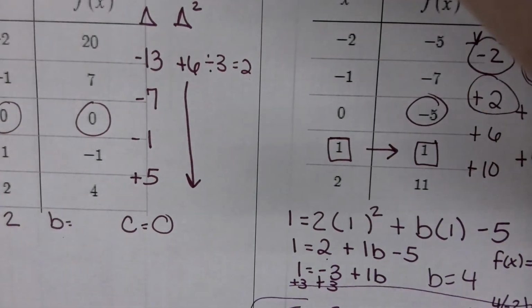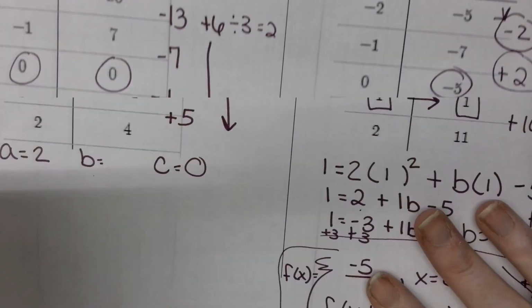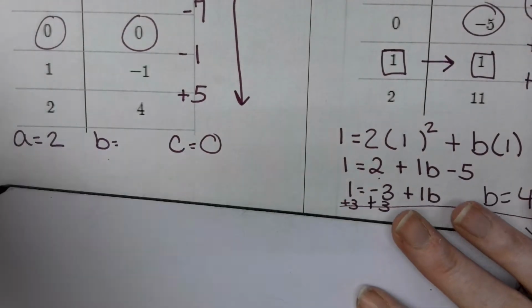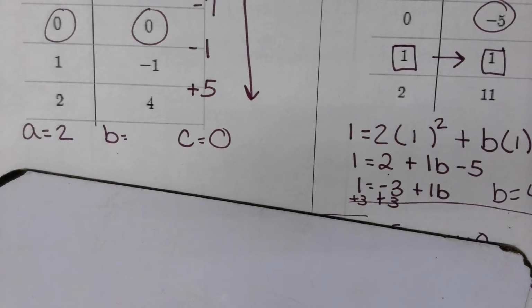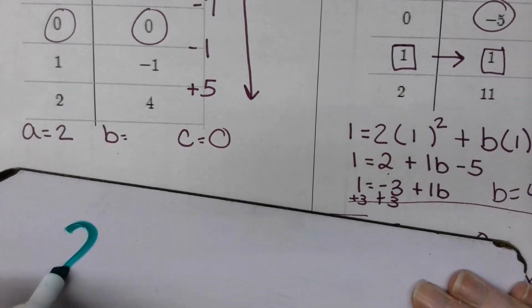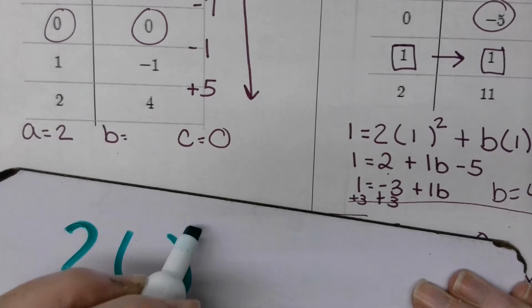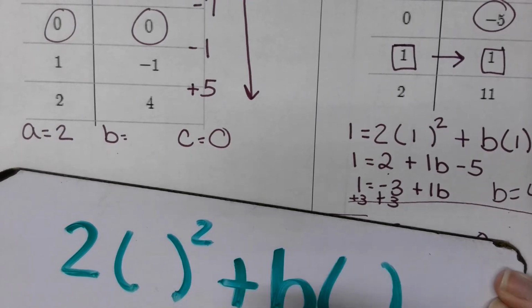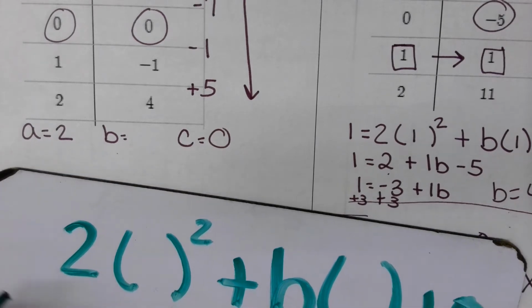I am going to do this on my whiteboard so I don't get it confused, okay? I plug in my A value. So I have 2 times x squared plus b times x plus my c value, which is 0, okay?